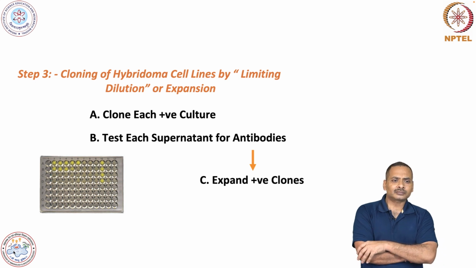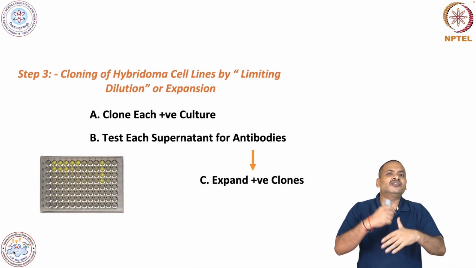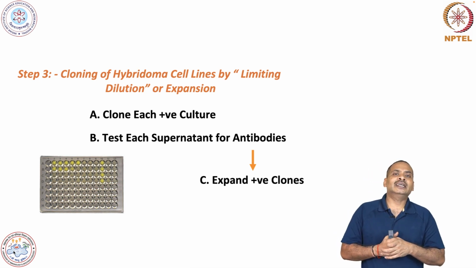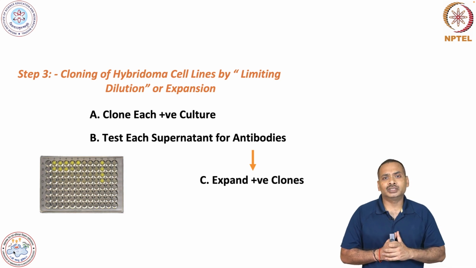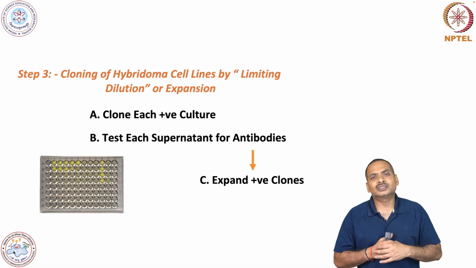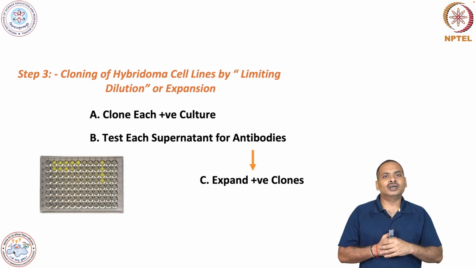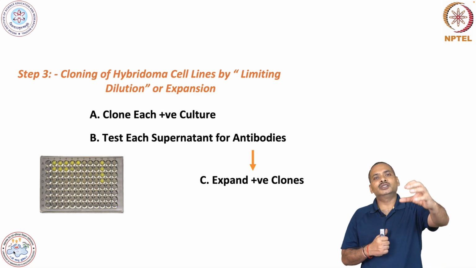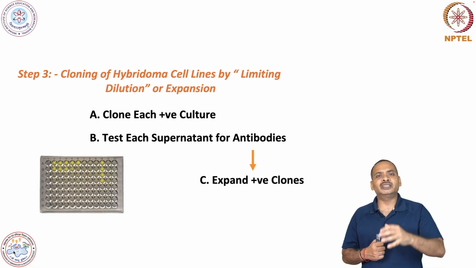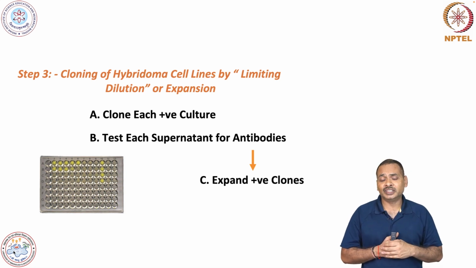Okay, and this will amplify with time, and then we will test for the antibody, whether this is making our antibody of interest or not. Once you find out, okay, this clone is making the antibody of interest, then you take that colony and expand it in bigger number, and then that will make a huge amount of antibody.